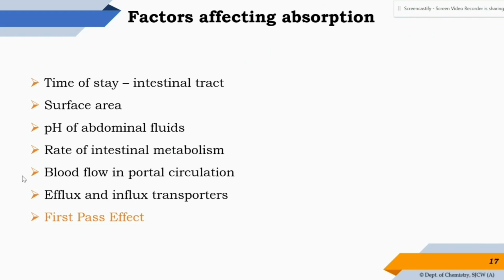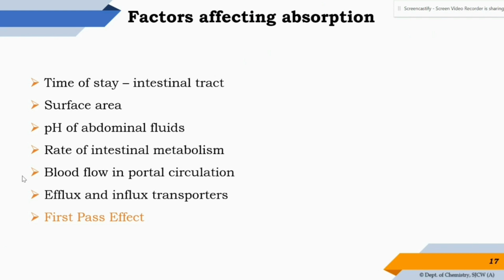Then also it is controlled by the pH of abdominal fluids. For example, if the pH of the abdominal fluid is very low, that is acidic pH, and the drug is polar or has some affinity to acid, then it may not leave the intestinal tract easily to go into the blood.